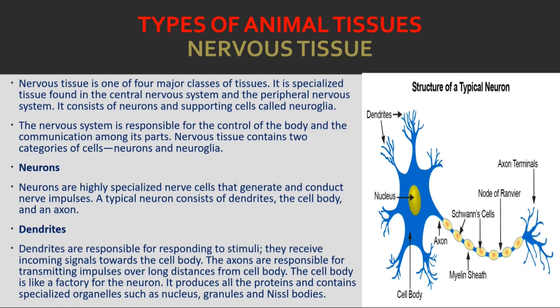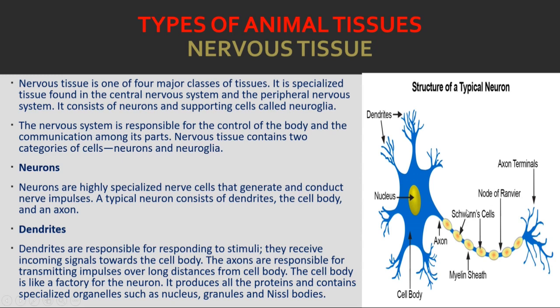Each neuron is not just joined with the others; there is a small space between them through which the electric signals go, which helps carry messages over all the parts of our body.